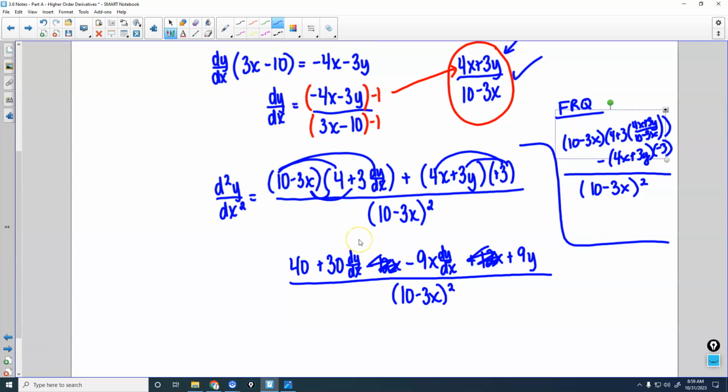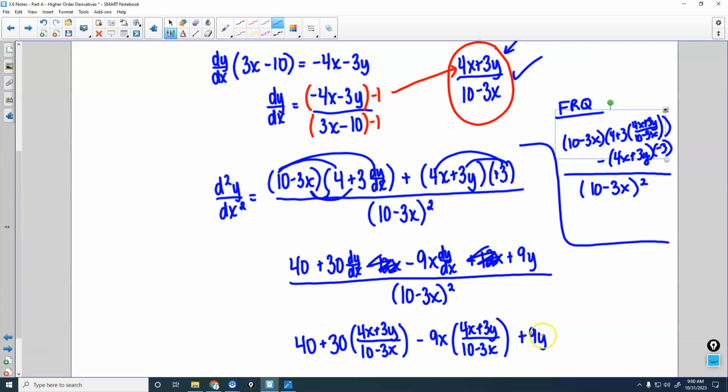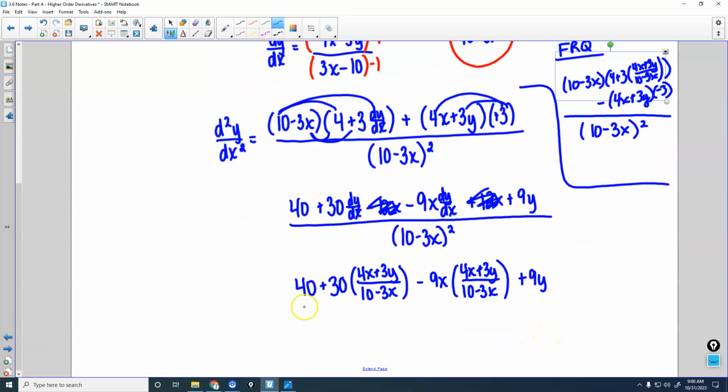So now I would plug in the dy/dx, so 40 plus 30 times 4x plus 3y over 10 minus 3x, minus 9x times 4x plus 3y over 10 minus 3x, plus 9y, all over 10 minus 3x squared.